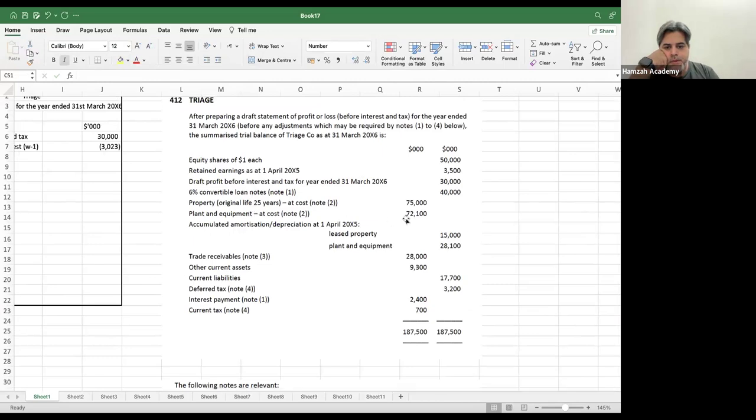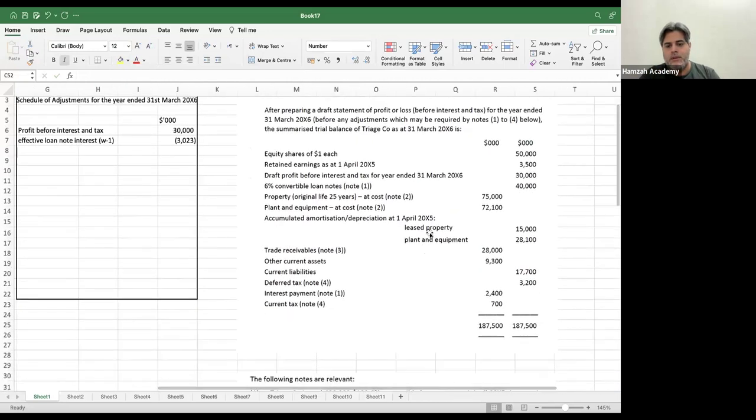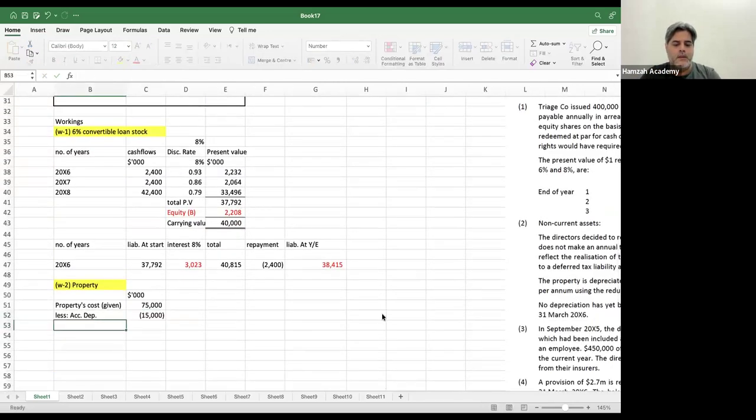So the property useful life is 25 years, and the cost is 75,000. Okay. Less accumulated depreciation. Plant and equipment and lease property is 15,000 over here. So I will minus this 15,000 from here. Less depreciation charge, 6 months. 75,000 by 25 years into 6 by 12 is going to be 1,500.